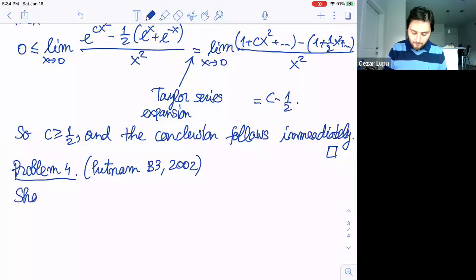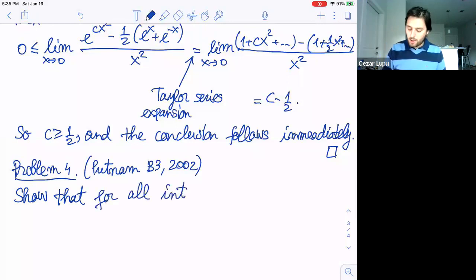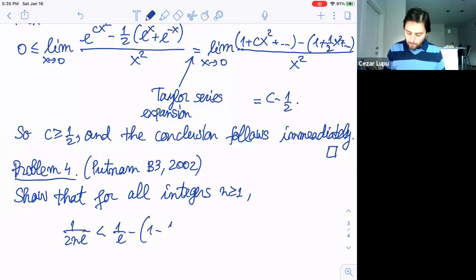Show that for all integers n greater than 1, we have the inequality 1/(2ne) is less than 1/e minus (1 minus 1/n) to the power n, less than 1/(ne).